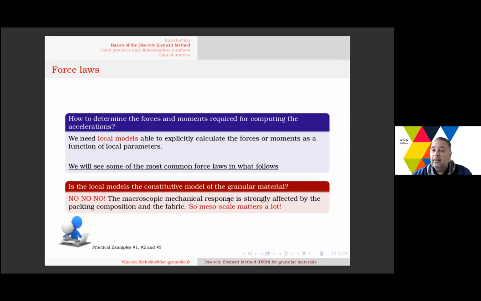You will observe that macroscopically you've got a friction. Okay, the envelope will not be flat; it will be a cone. So this illustrates the fact that if in the future you develop a force law, the force law is not directly what you observe at the macroscopic scale.